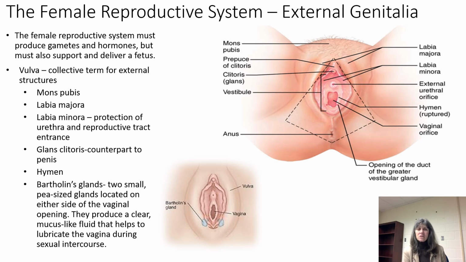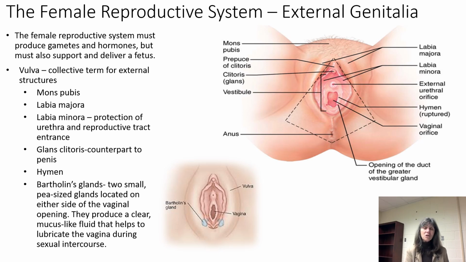The glans clitoris is the counterpart to the penis, and if a woman has not had this membrane ruptured, just internal to the vaginal orifice is a mucous membrane referred to as the hymen, and the hymen will rupture with really physical exercise.